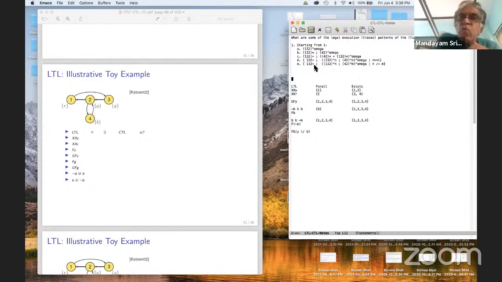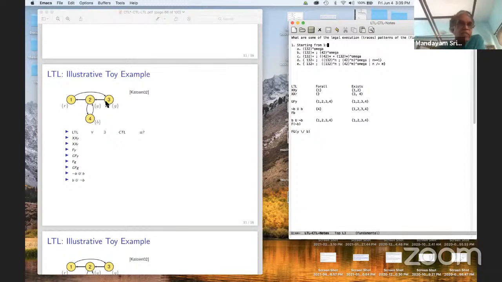What are some of the legal executions or traces, patterns of this transition system that you have? By executions, I mean infinite paths that this thing can produce. So here are some infinite paths.